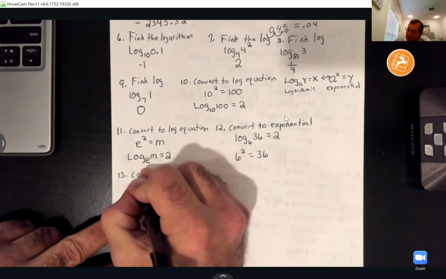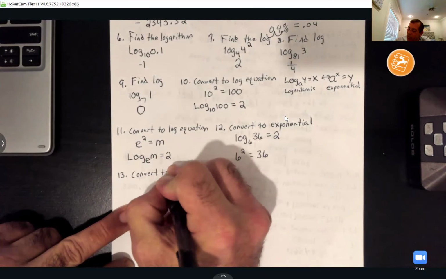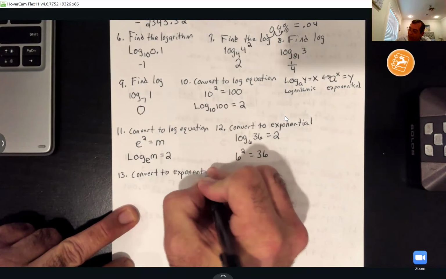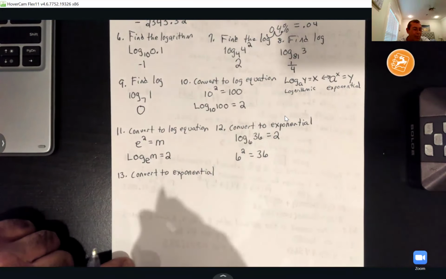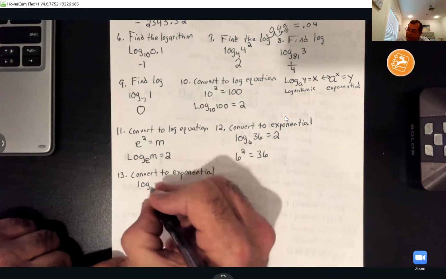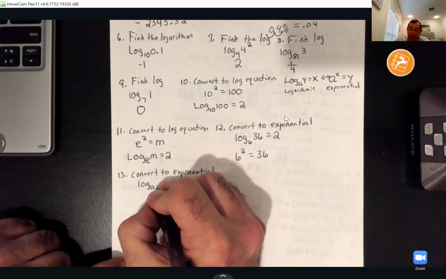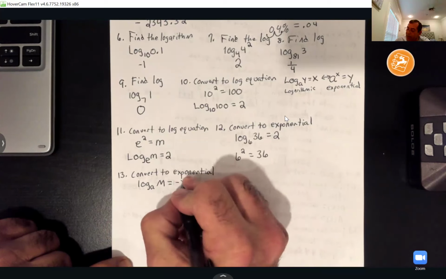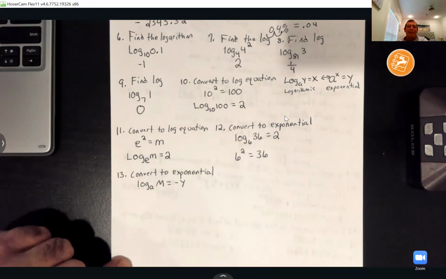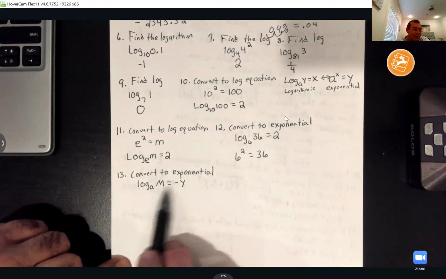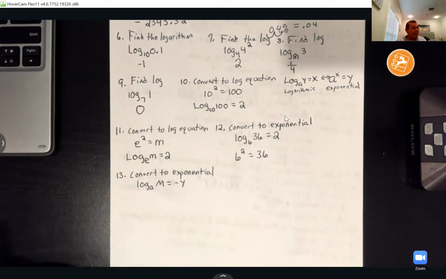13, convert to exponential. Now they're going to trick it up a little bit on this 13. They got a log base A of a capital M equals a negative Y. Now, you have to make the M capital when you write the answers in the math lab, okay? But I think, let me see.